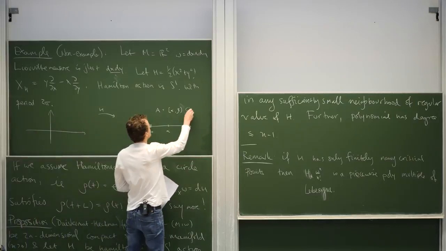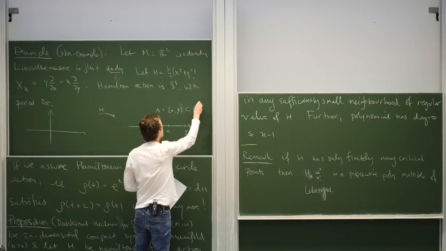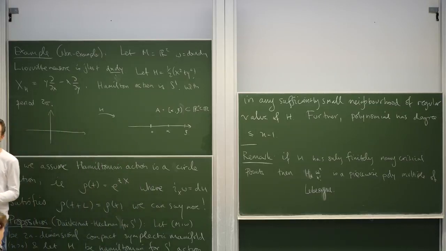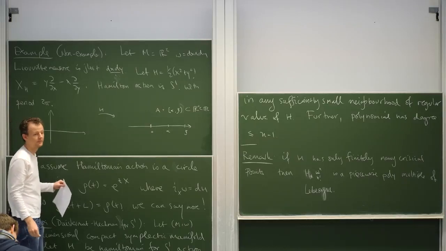So this is some subset of R plus, which is a subset of R. So let's ask what proportion of phase space has energies lying in this band alpha to beta.